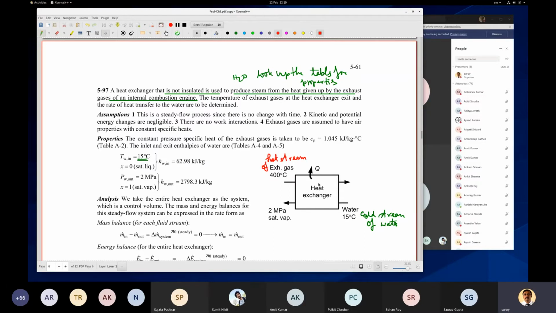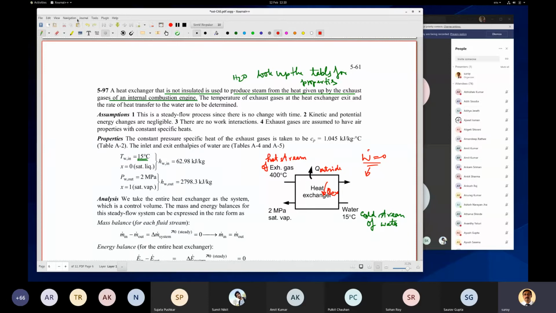So there is heat exchange between the streams, as well as heat exchange with the outside. This is what is happening. Work is equal to 0 for this case, with no work transfer. So there is heat transfer to the outside as well as heat exchange between them.